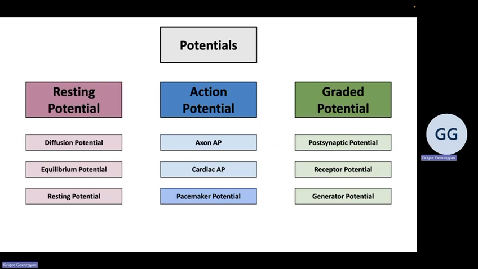What are those? Those are the Cajal cells in your GI tract, which are part of the enteric nervous system. Also important, the pacemaker cells of your heart. So the sinoatrial node and atrioventricular node cells, all of those nodal cells do not have resting membrane potential.